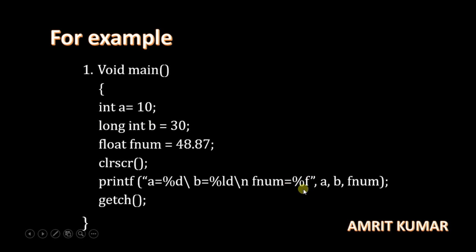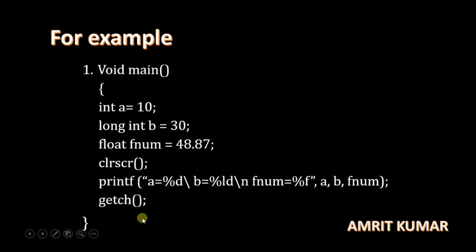All of these accept the values from the variables. So A is going to be 10, then new line, then B is going to be 30, then new line, then F-num is going to be 48.87. And getch is a predefined function in the C language, used for holding the screen, and the semicolon terminates the statement.